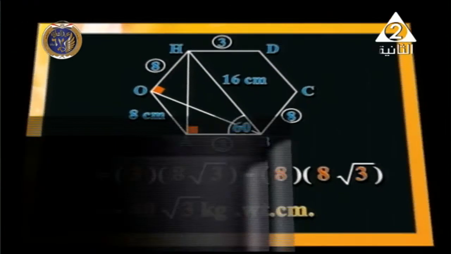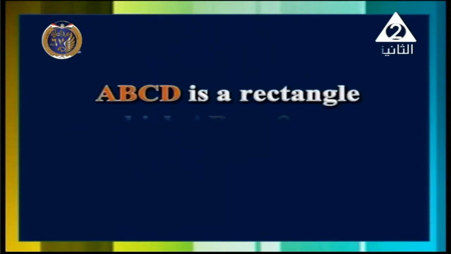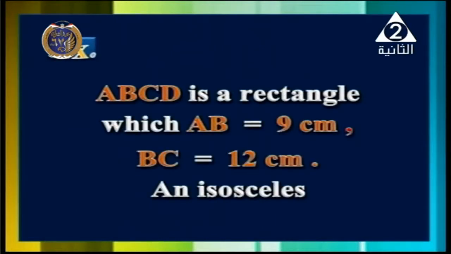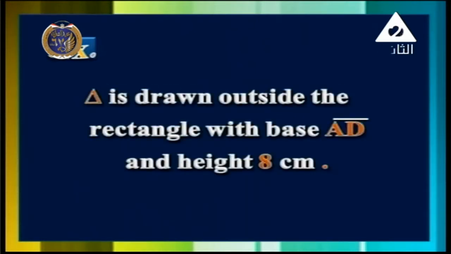Another example. ABCD is a rectangle in which AB equals 9 centimeter and BC equals 12 centimeter. An isosceles triangle is drawn outside the rectangle with base AD and height 8 centimeter.